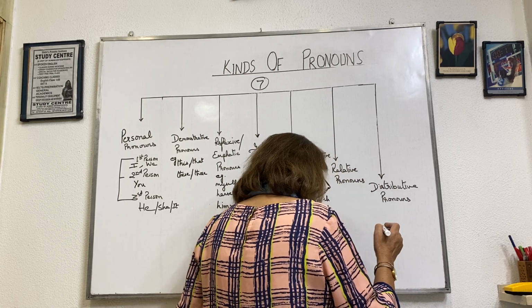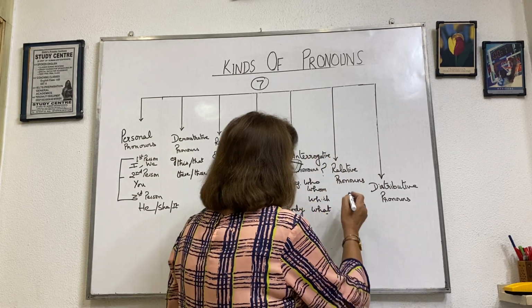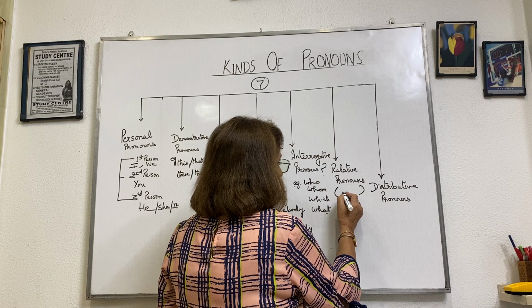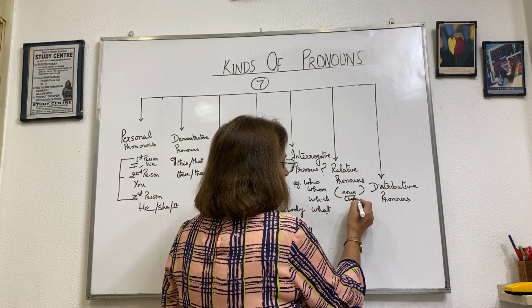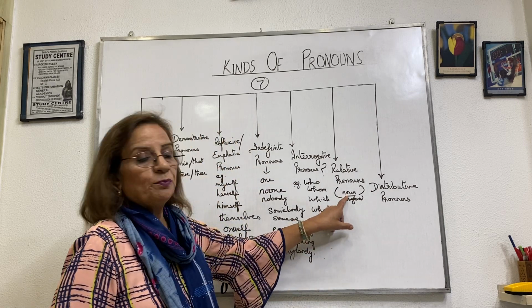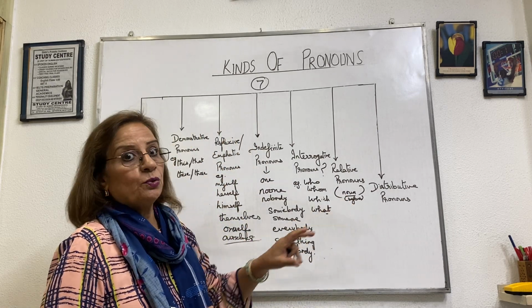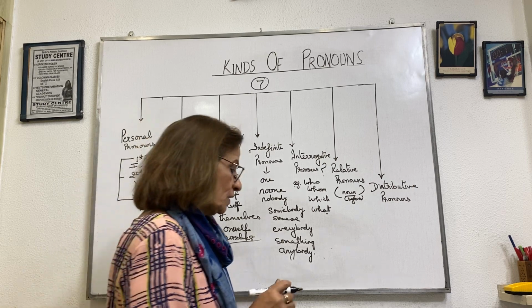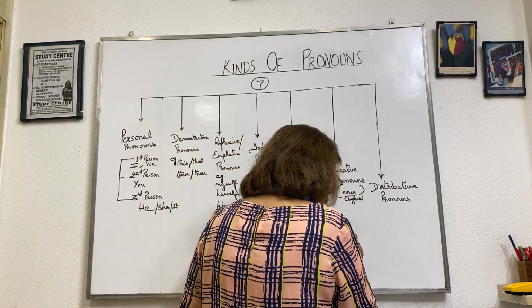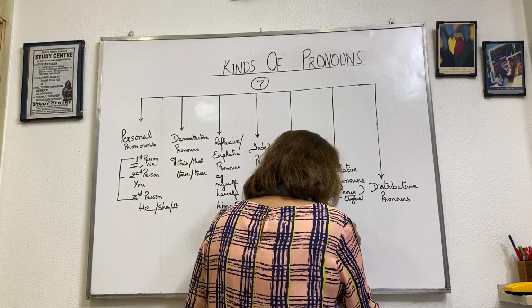They join some noun going before them, and there's a hint here: a noun always goes before them. Before using a relative pronoun, there should be a noun. So you will come to know, oh, this is not a conjunction, but a relative pronoun. Which are the relative pronouns that we can use?